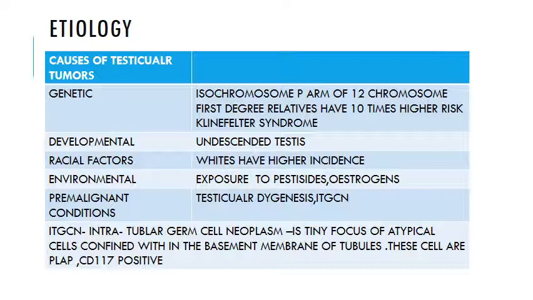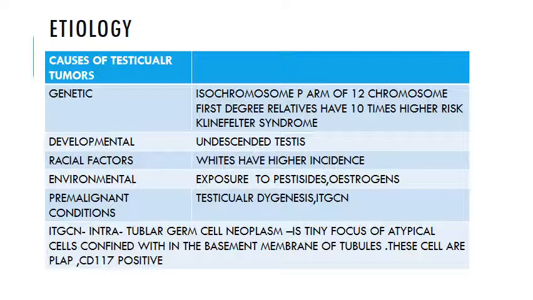This occurs due to duplication of the P arm of the 12th chromosome. Then when we see the risk, it is 10 times higher in first degree relatives of testicular carcinoma. And when we see chromosomal syndromes associated with testicular tumors, it is Klinefelter's syndrome.